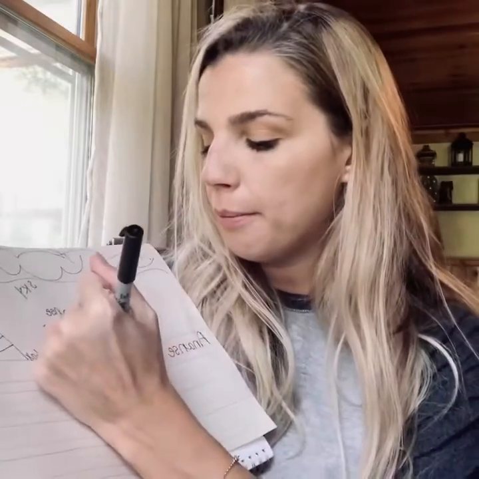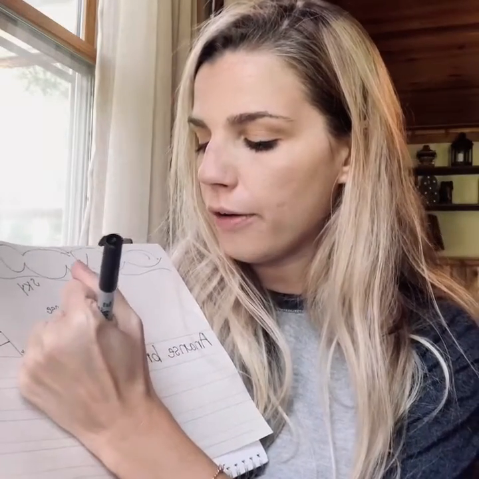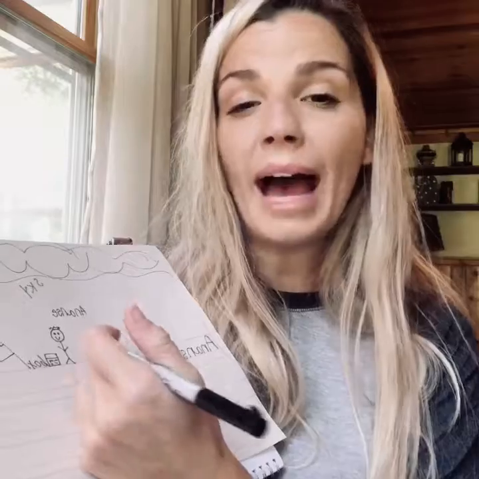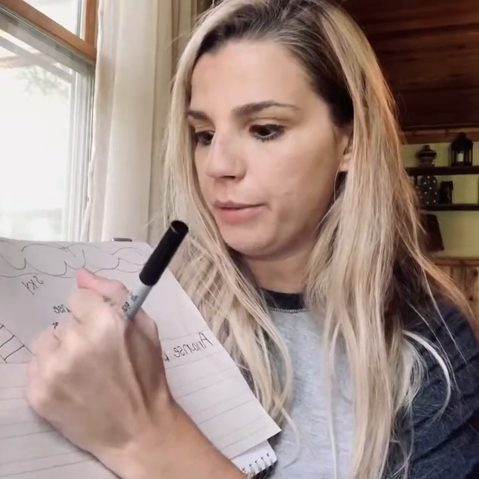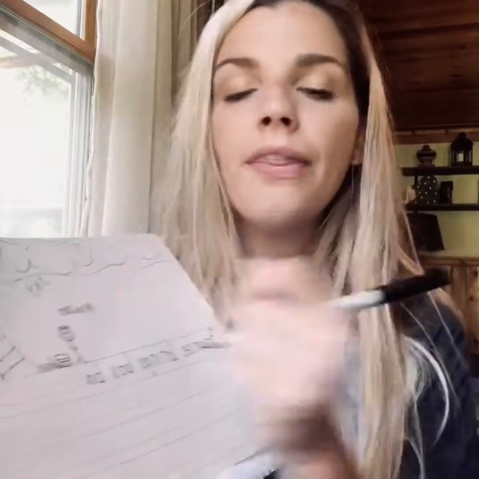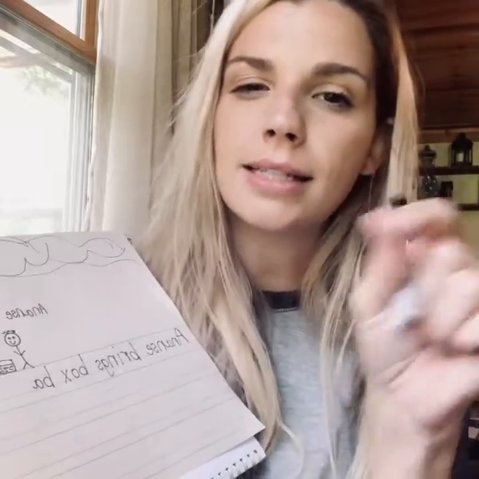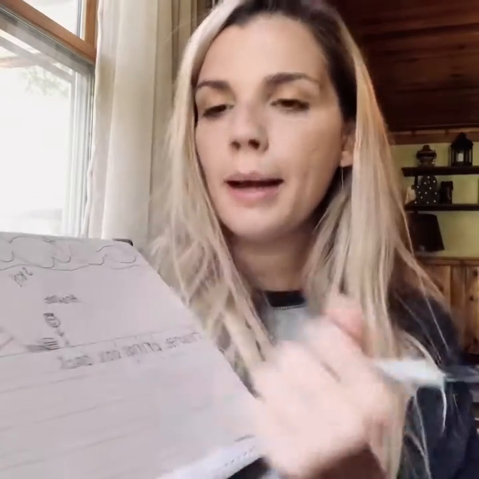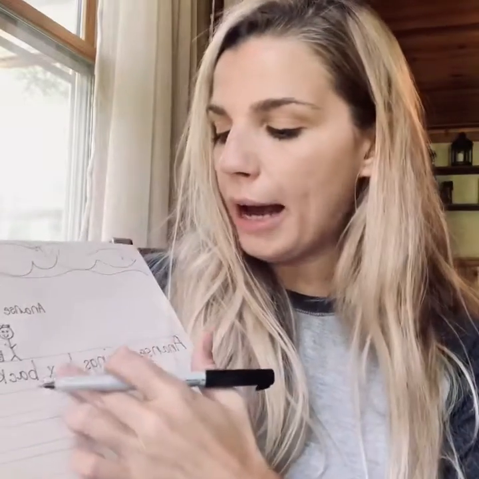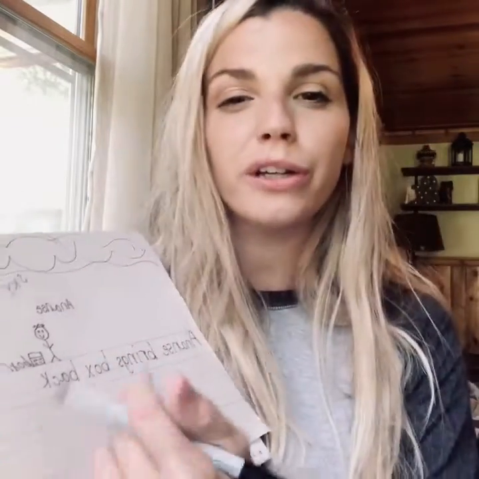Remember, we labeled box. We already have that. Super easy. B, O, X, back, B, lots of B words, A, and then C, K. It's one of those blends. C, K. Anansi brings box back to T, O, earth.